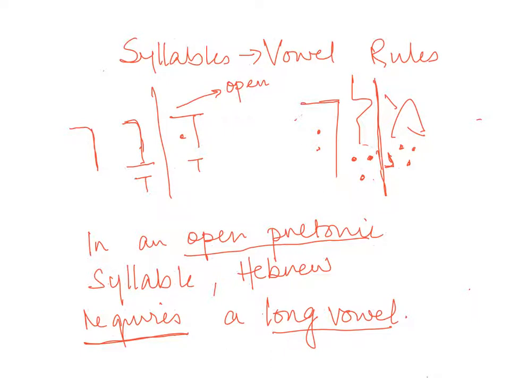Where's the tone syllable? This is the tone syllable, because the stress is on the bar. So the da is an open pretonic syllable, or in other words, an open unaccented syllable.